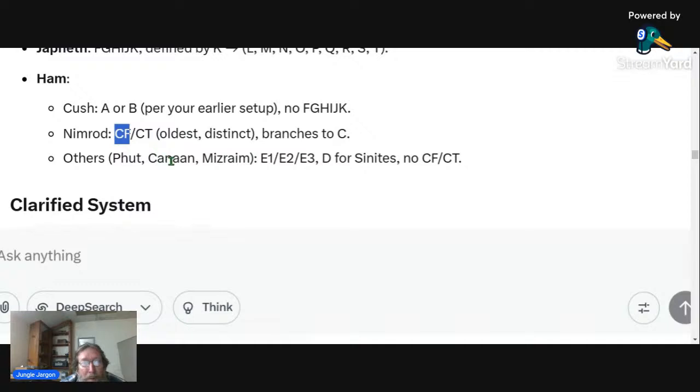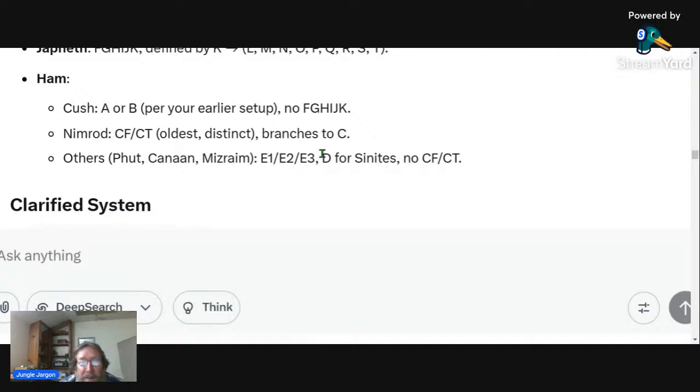So we're still going, so it's still losing it from right to left, instead of gaining it from left to right. We're losing markers from right to left. Others put Canaan and Mitzrayim as E1, E2, E3, and D for Sinites, with no CF or CT.